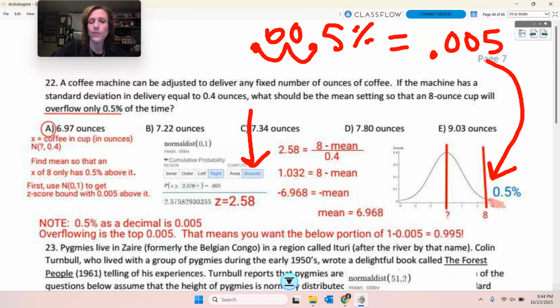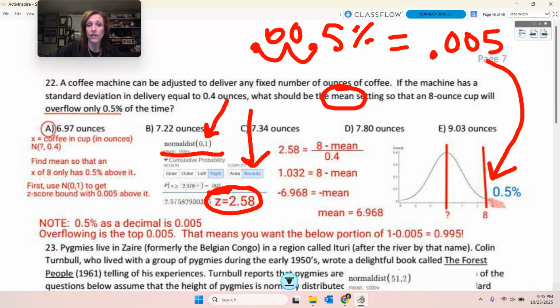Oh, look here, I am finding the mean. So this is when you don't have a choice: you have to get the z-score first. Get the z-score with the standard normal model, bound with the right 0.005. That's a z-score of 2.5 that I plug into the formula to solve for the mean.